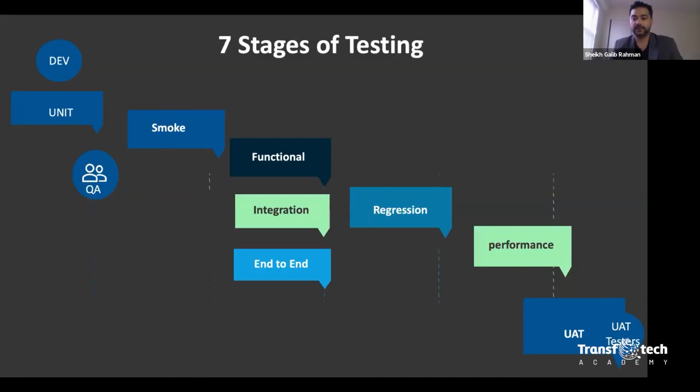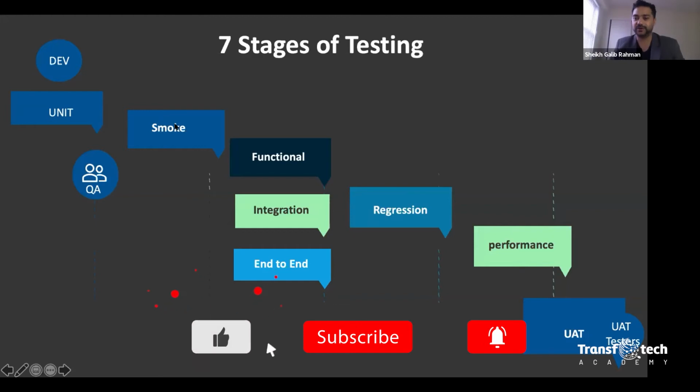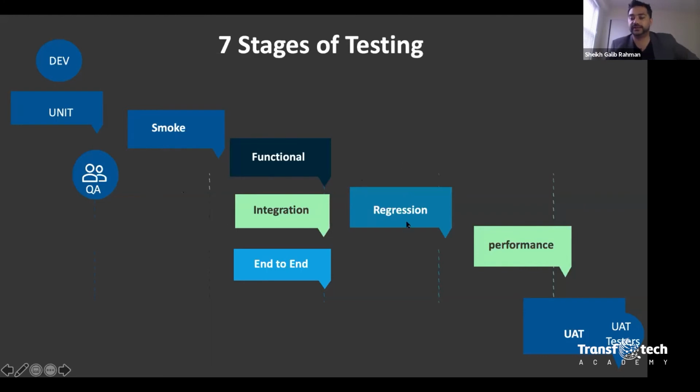Now, what's regression? Regression means that what we have talked about, smoke, functional, integration, end-to-end, all of these you can also automate. You automate all of these to do regression tests. The regression test is supposed to be automated. I told you, when there is a build, new code comes in, and you need to retest all of these test cases once again every time you get a new build.